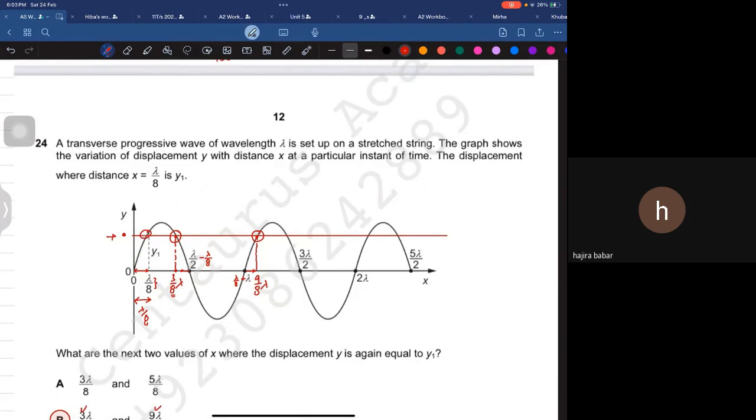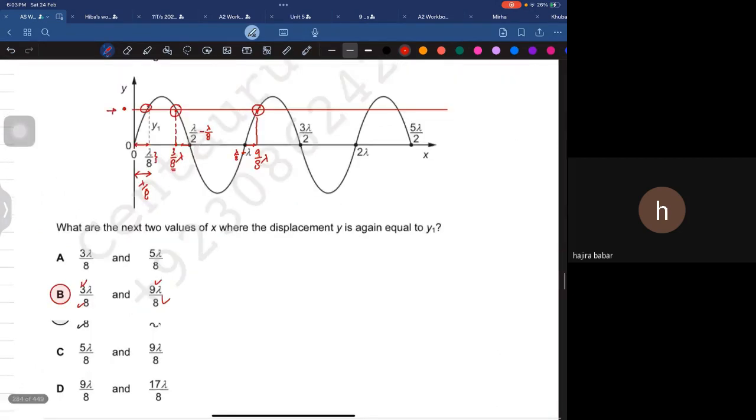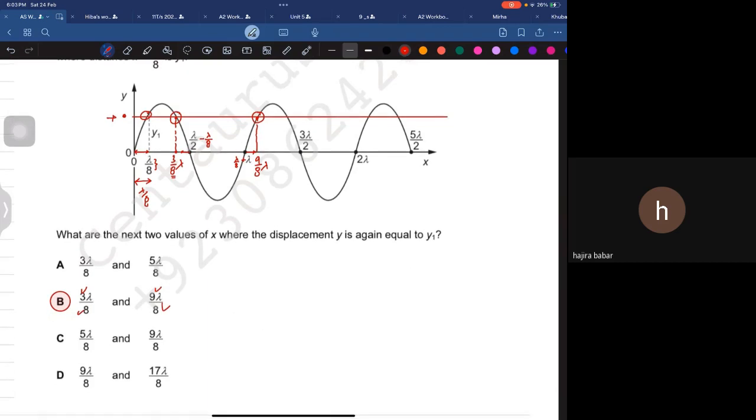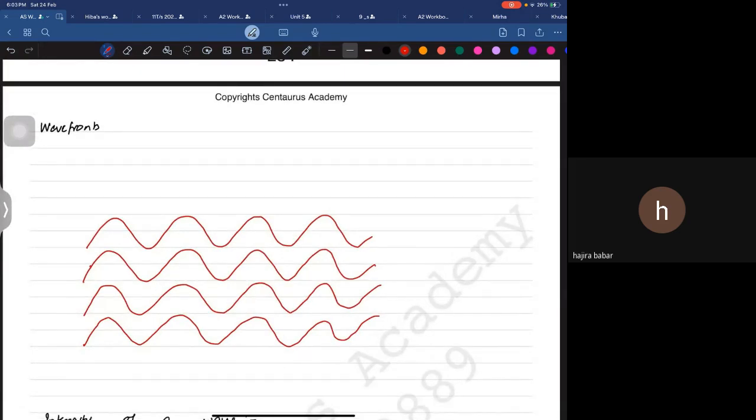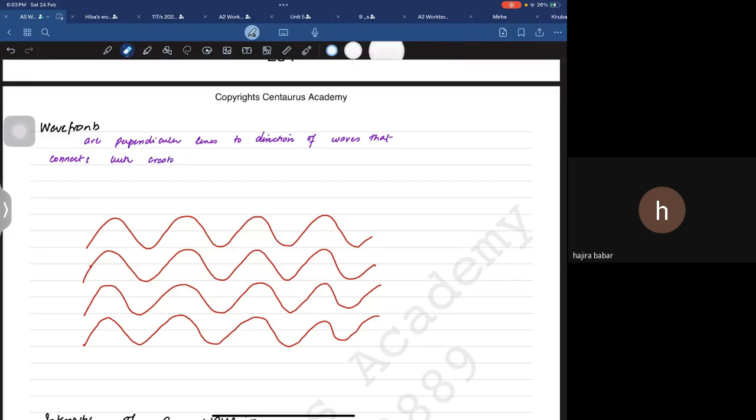Now, the next thing I'm going to go quickly forward before we will be able to draw some waves on our own. We've got to look at a term that is called wavefront, and wavefronts are basically perpendicular lines to the direction of waves that connect crests moving together.